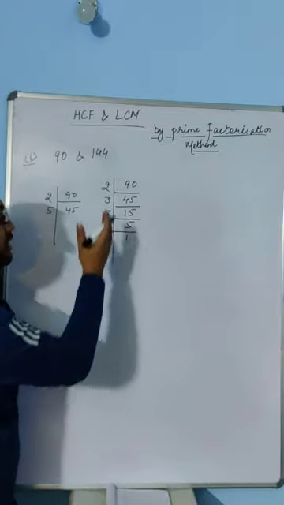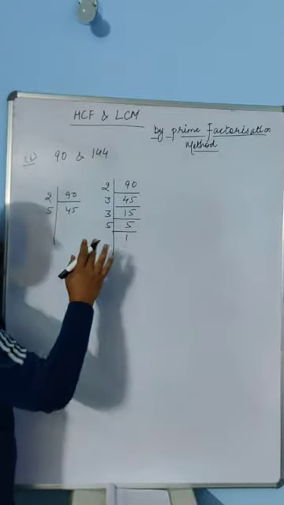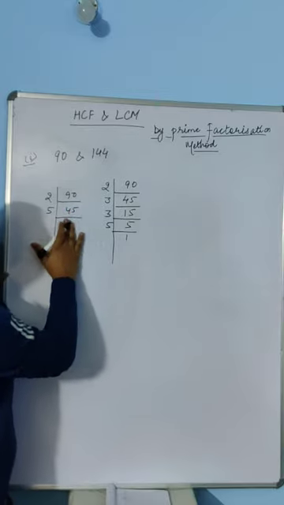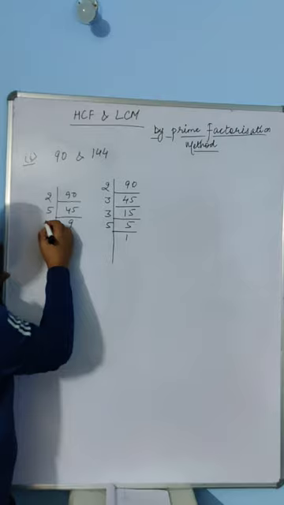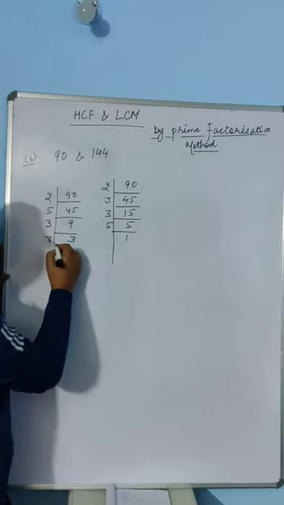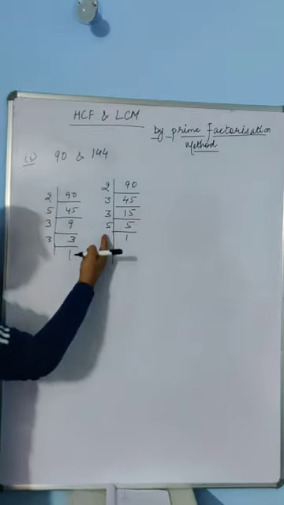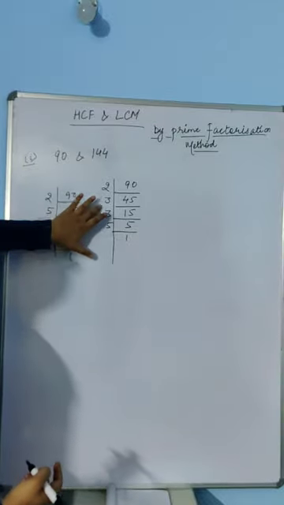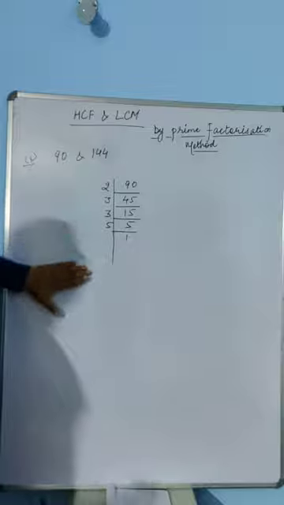Then it's completely fine, your prime factorization is correct. When you divide 45 by 5, you get 9. So again 3 and 3. Your sequence may be different, but the terms are always the same. Either way is completely fine.